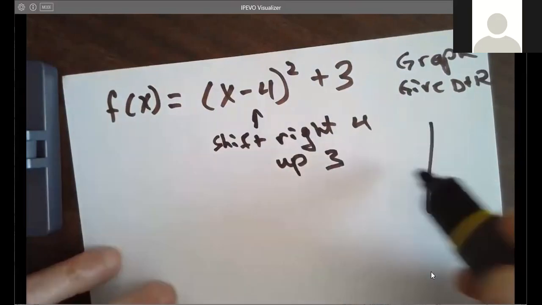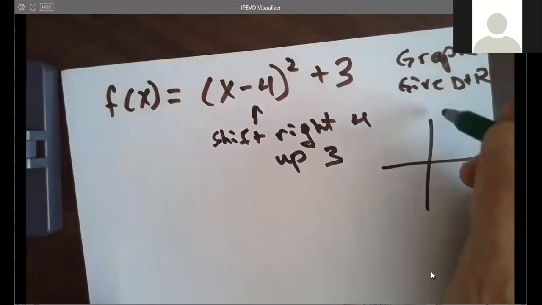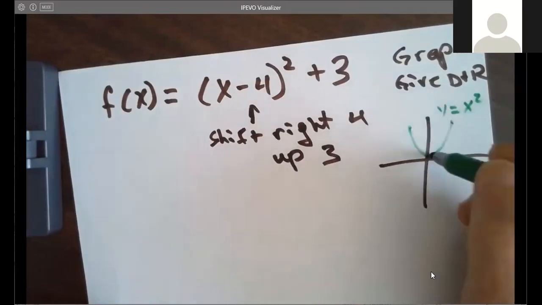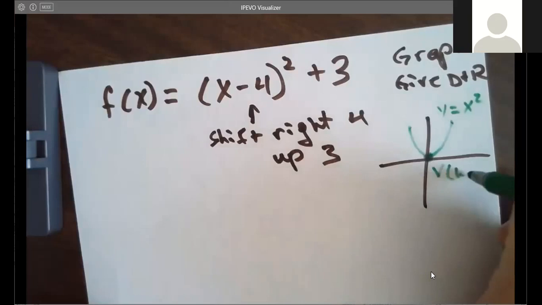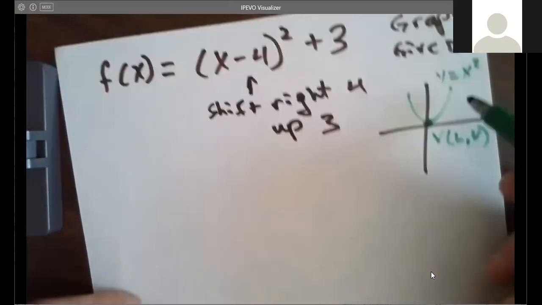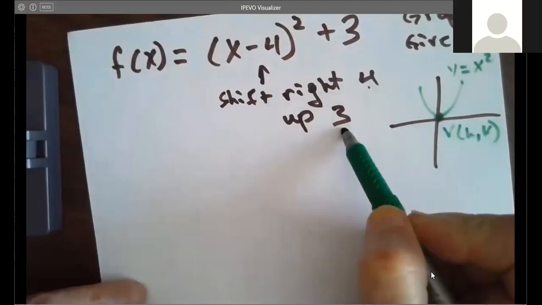So if you look at the parent graph, where y equals x squared, here we have this vertex (h, k). This is going to make this point shift right 4 spaces and up 3.